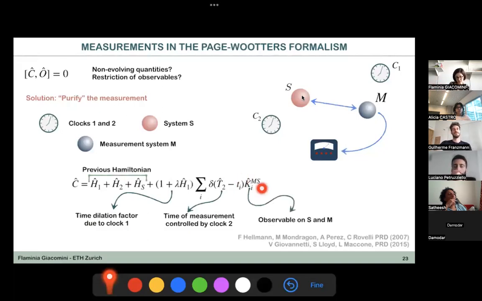And here, instead, I have some observable on the system and on M. The trick is that I'm just updating the state of my measurement device that is not evolving, so it doesn't have any Hamiltonian added here. So this does not bring me out of the constraint surface. That's the trick one can use in order to define observables meaningfully here.